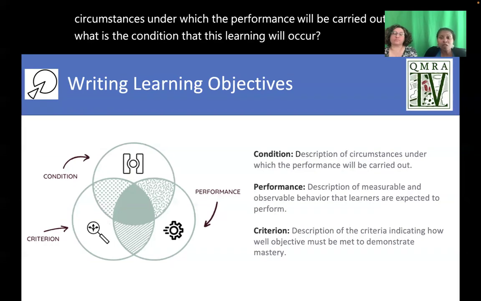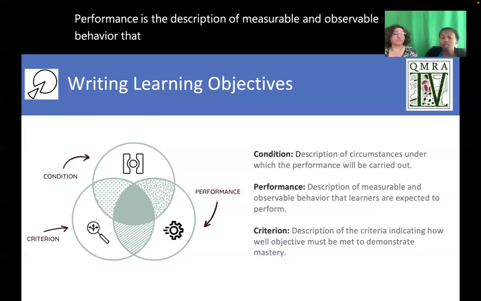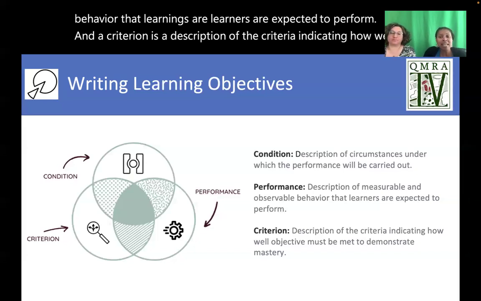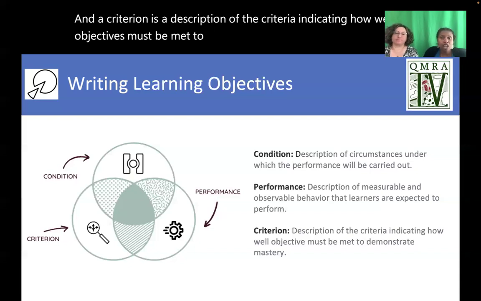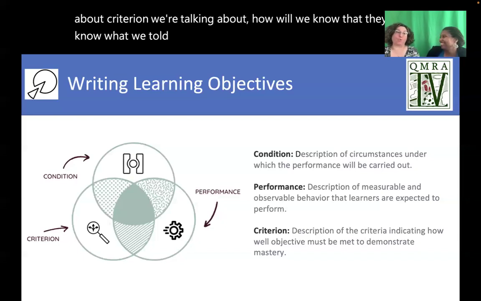Performance is the description of measurable and observable behavior that learners are expected to perform. And the criterion is a description of the criteria, indicating how well objectives must be met to demonstrate mastery. So when we think about criterion, we're talking about how will we know that they know what we taught them?